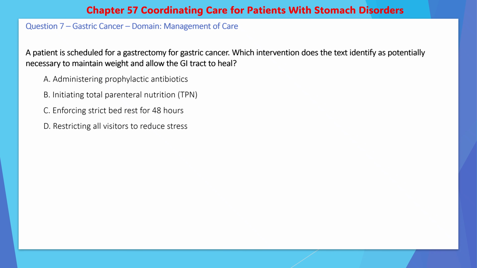Administering prophylactic antibiotics, initiating total parenteral nutrition (TPN), enforcing strict bed rest for 48 hours, or restricting all visitors to reduce stress. The correct answer is TPN. The text mentioned that the patient may require nutritional support, like enteral or parenteral, before surgery to maintain weight and nutrition and allow the GI tract to heal.